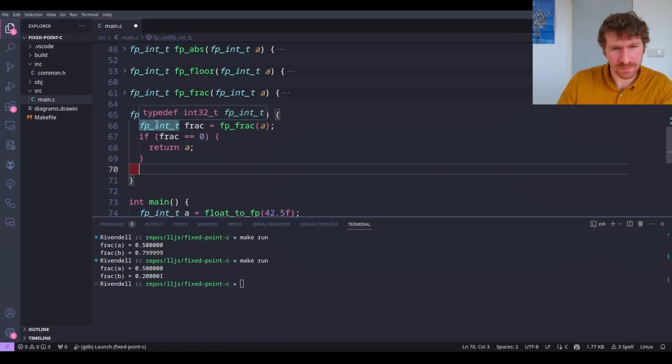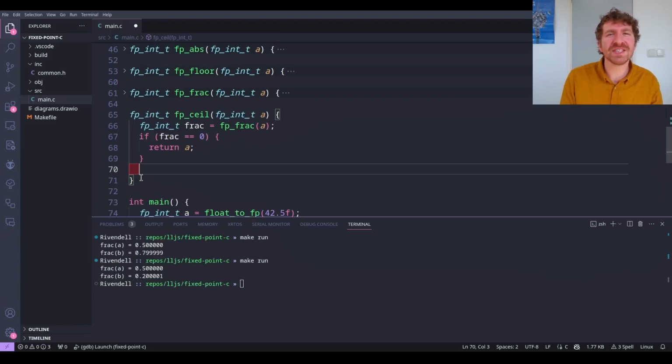Then, if we know that the value that we've got has some fractional part, we know we want to do this ceiling operation. So if it's 17 point something, we want to go up to 18. If it's negative 17 point something, we want to go down to negative 18 point something. Negative 18.